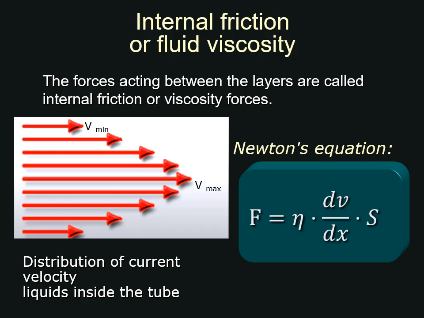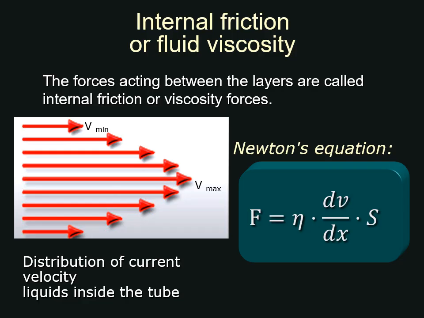Viscosity, or internal friction, is the ability of a liquid to resist the displacement of particles. Viscosity always hinders the flow of liquid and, of course, always reduces the speed of movement. The phenomenon we are talking about, the decrease in the velocity of fluid movement due to viscosity, was studied by Newton.